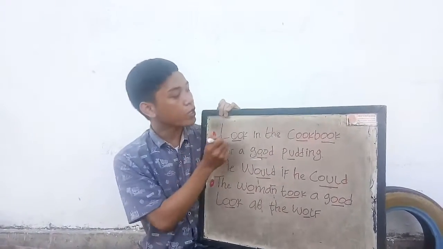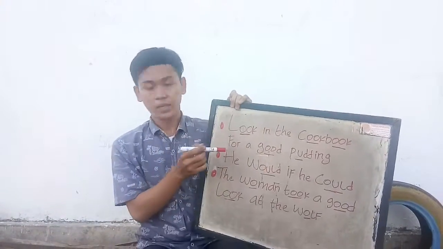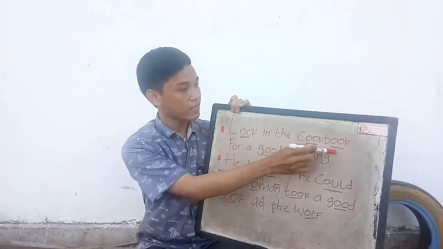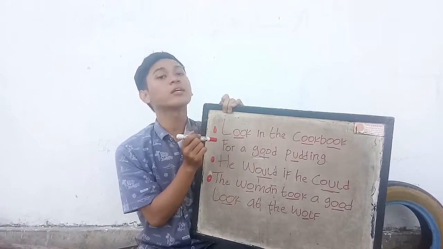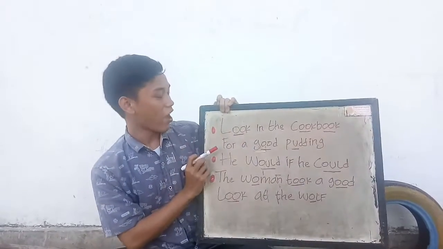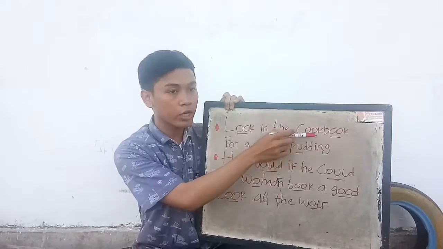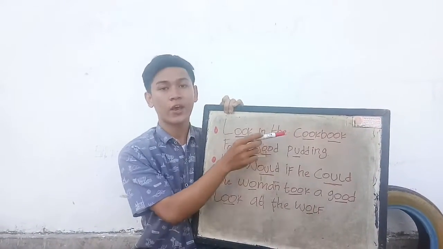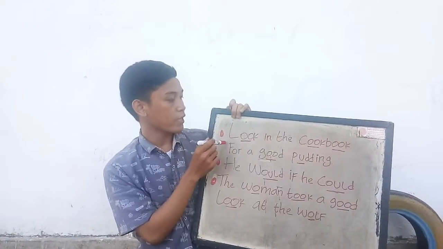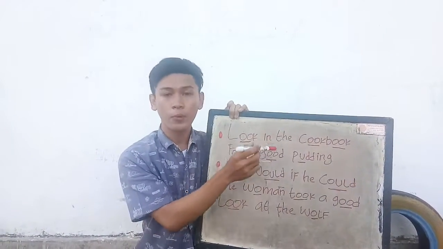The underline means that this is the sound: look, cook, book, good and pudding. So we can read: look in the cookbook for a good pudding.